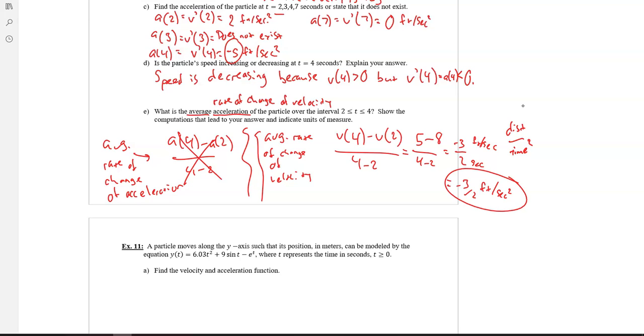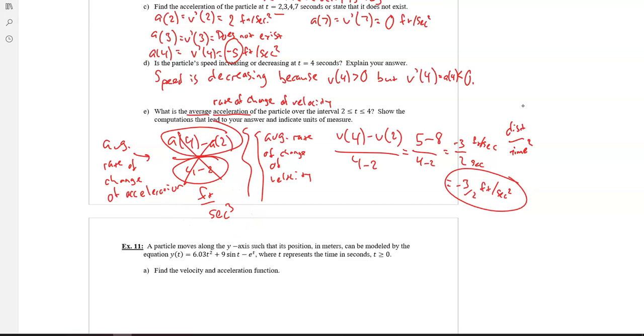Which is not correct. Because when you do this calculation, you're taking an acceleration and dividing it further by time. So you'll have feet per second squared in the numerator, divided by seconds. So you'll end up with feet per second cubed, which is not an acceleration unit. So you get the wrong calculation basically.